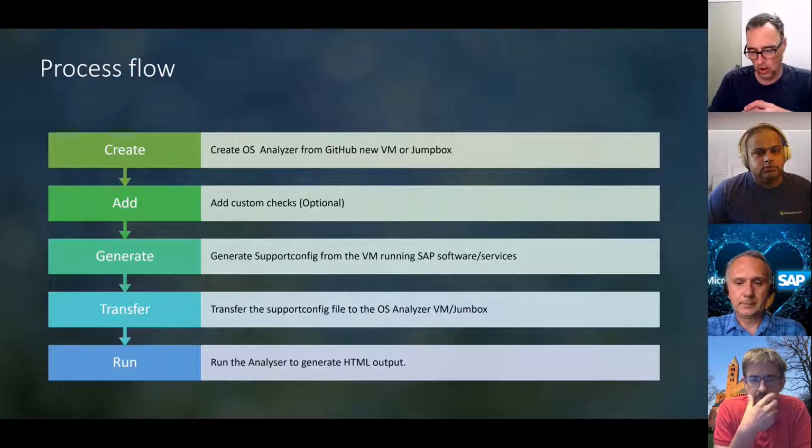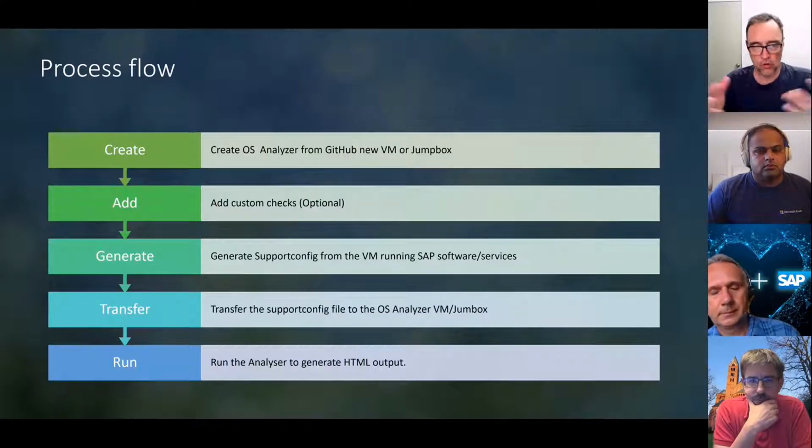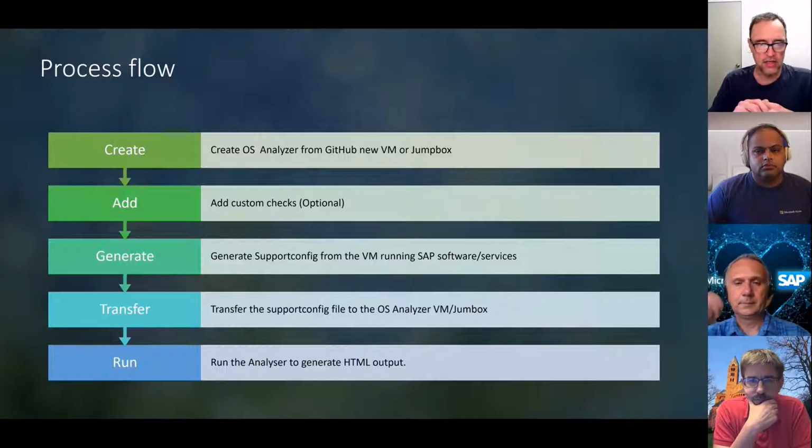The way this works is it runs within a Linux VM. And so we created Terraform and Ansible scripts to be able to create this very easily. This is on our GitHub site. And so you can create that VM very easily.